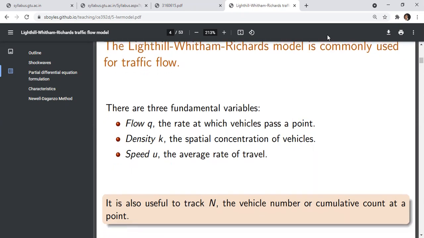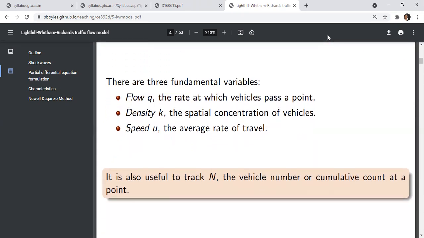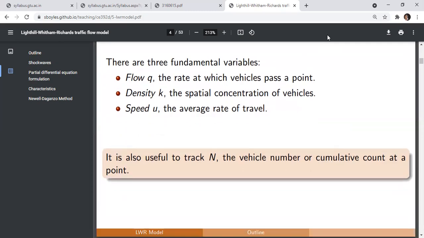It is also useful to track the vehicle number or cumulative count at a point. So with the help of the three fundamental variables, we can also distinguish the number of vehicles available at that particular point.